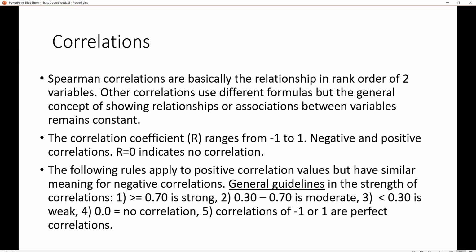But if we're just looking at the relationship between two exploratory variables, you might get a correlation value of 0.30 and be very happy with knowing that result. So we also need to consider the context of these correlations, but these are just some general guidelines of how we would judge the strength of correlations.